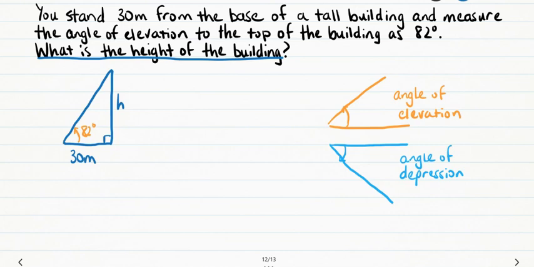So next we look at which primary trig ratio could we use. And based on this as the reference angle, 82 degrees, we label our three sides of the triangle. So across from the 90-degree angle is the hypotenuse. Opposite the 82 degrees, that's the opposite side. And the third side is the adjacent side.